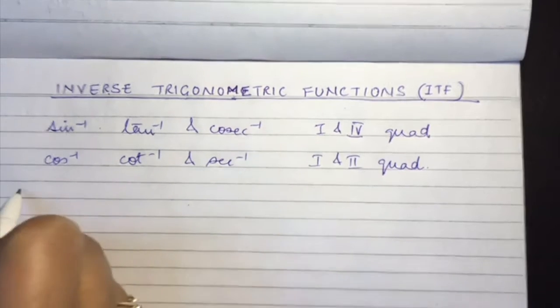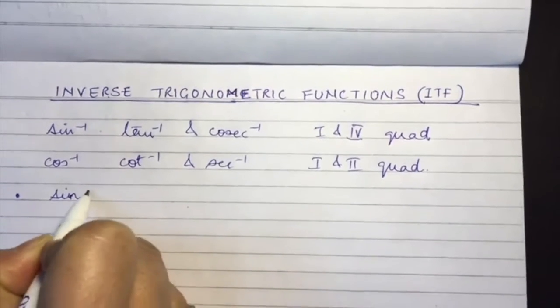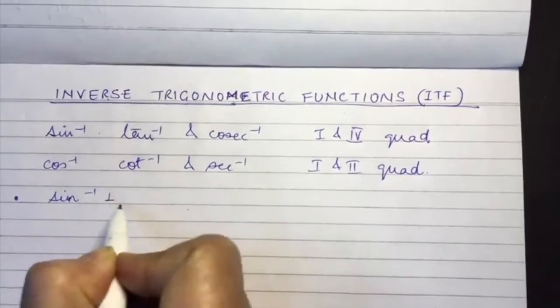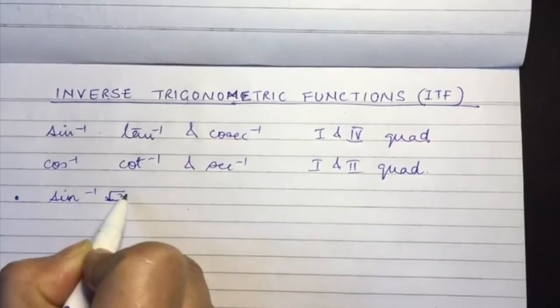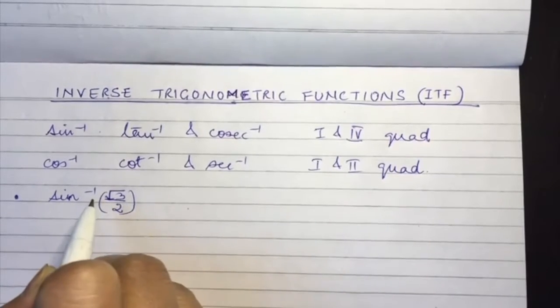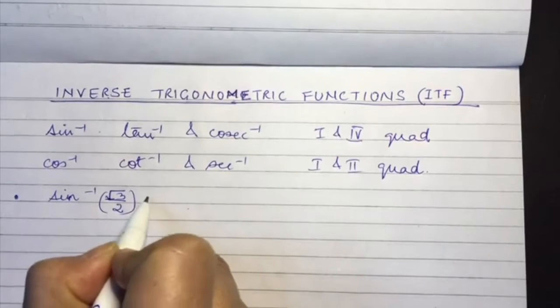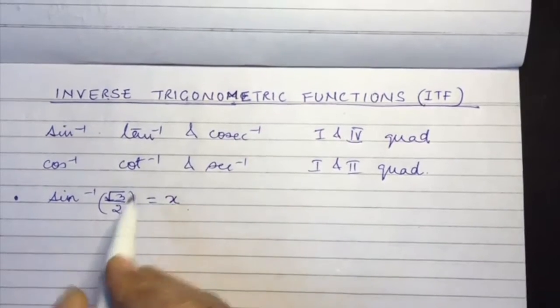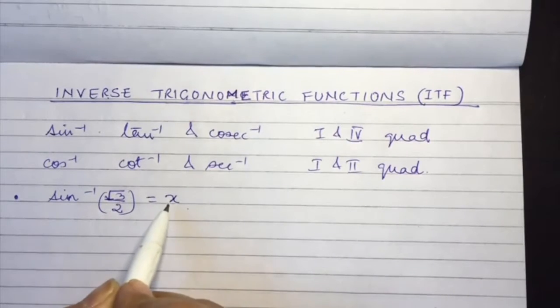Now suppose we are required to find the principal value of sine inverse, let's say, root 3 by 2. As we have already done a question like this, how will we proceed? We will equate it to x, or let's assume that sine inverse root 3 by 2 is x.